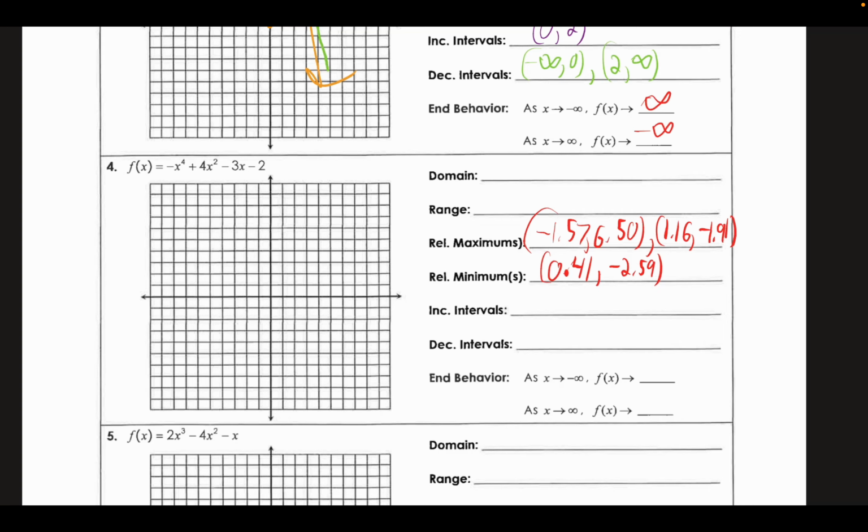And so I'll go ahead and estimate the plot of these. Once again, it's just an estimation, so it doesn't have to be precise by any means. And so it'll look something like this.